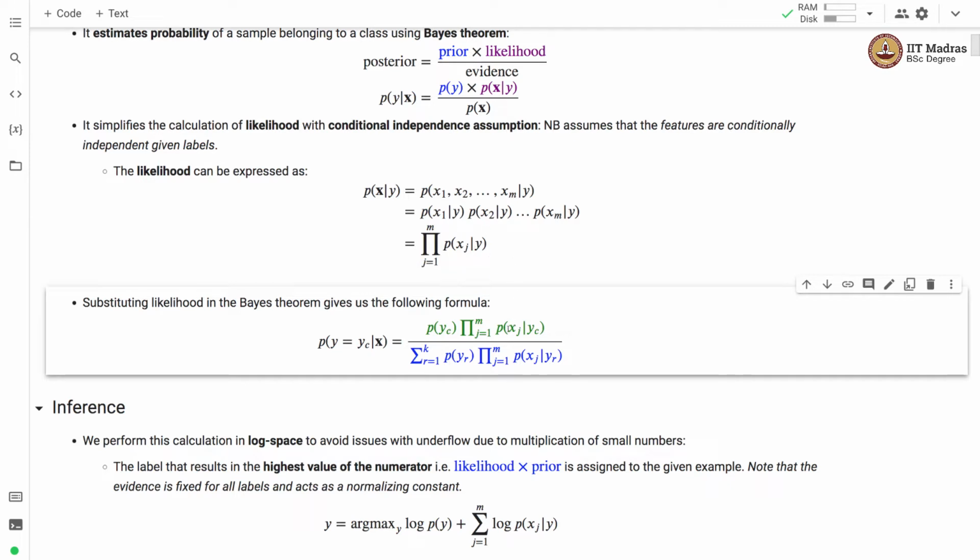We have substituted it over here. And evidence we basically calculate by summing up prior into likelihood for each and every class. So we are summing over each class label, the product of prior and the likelihood.